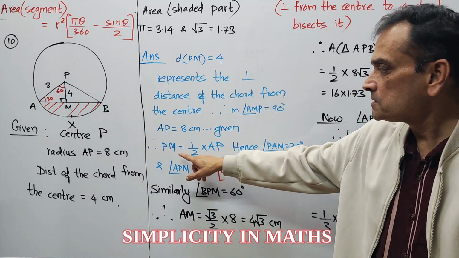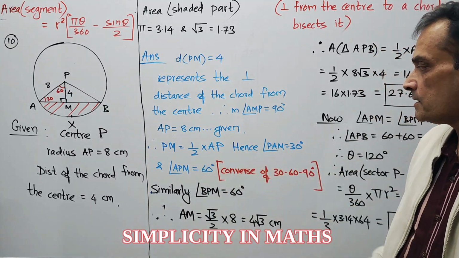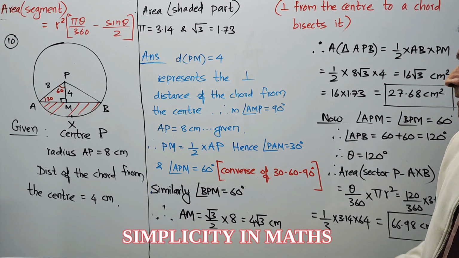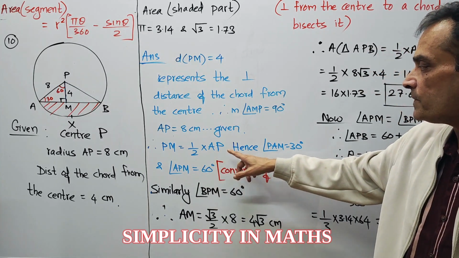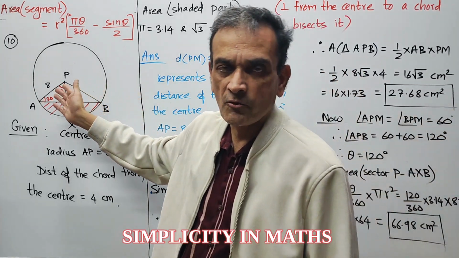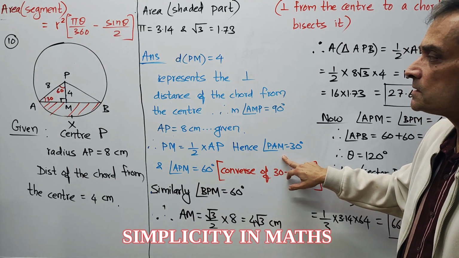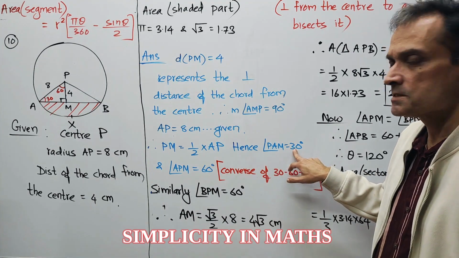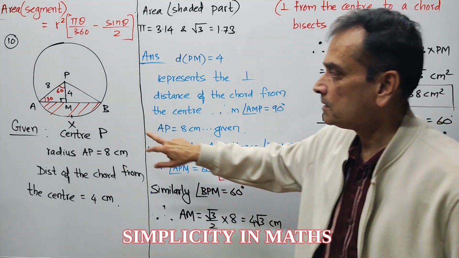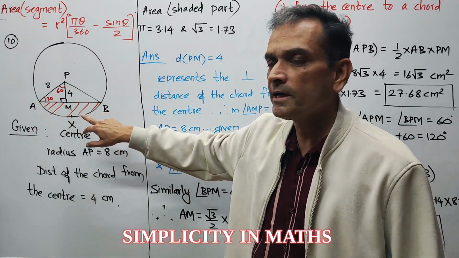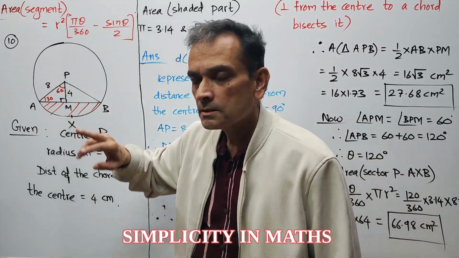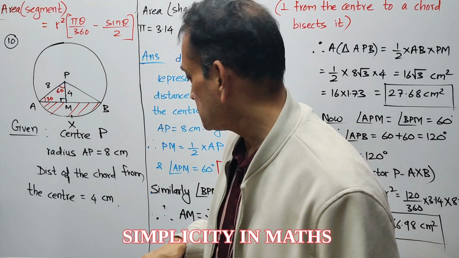AP is 8. So PM is equal to half of AP. PM equal to half of AP is given. 4 is half of 8. Therefore, angle PAM is 30 degrees. Now, if angle PAM is 30 degrees, the third angle has to be 60 degrees.